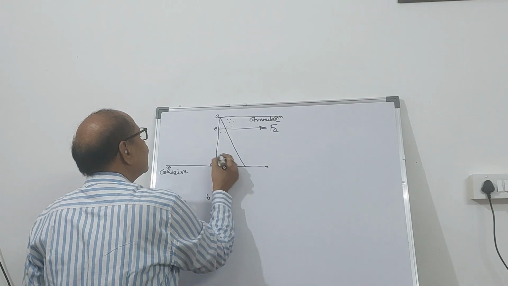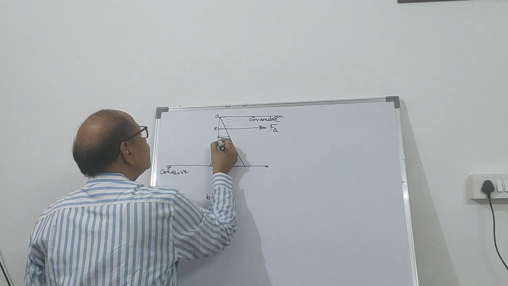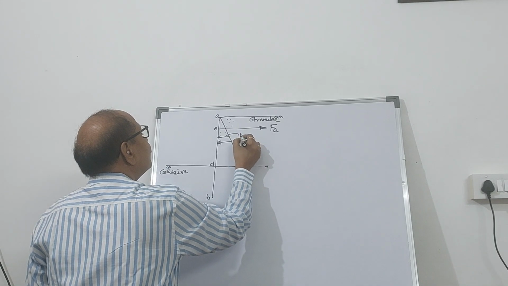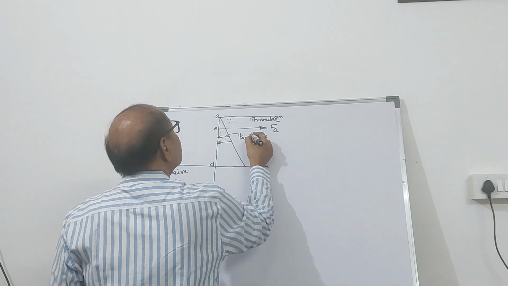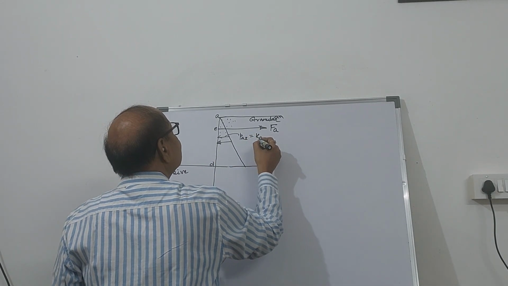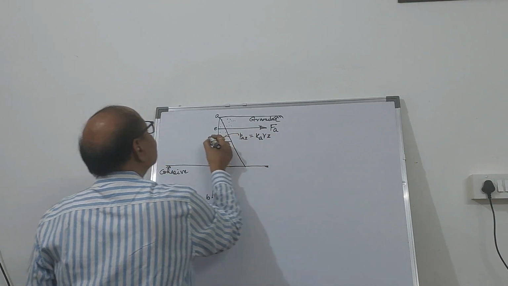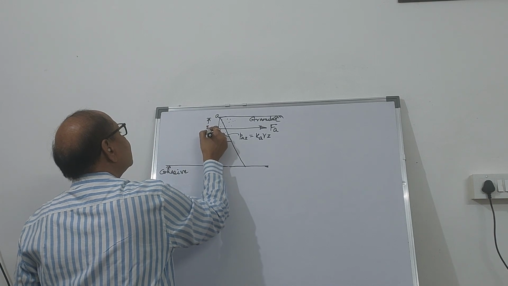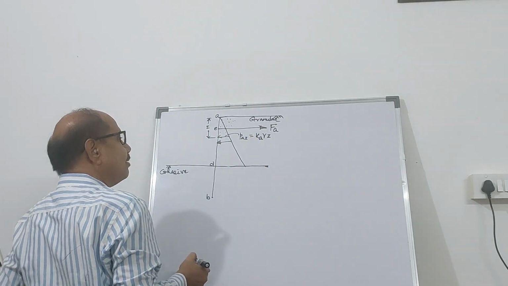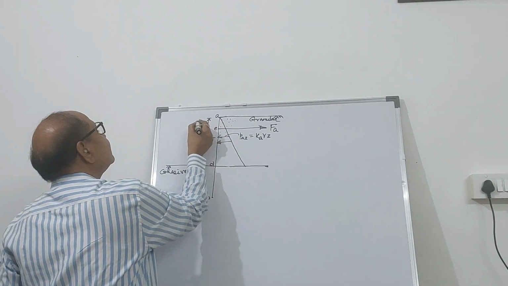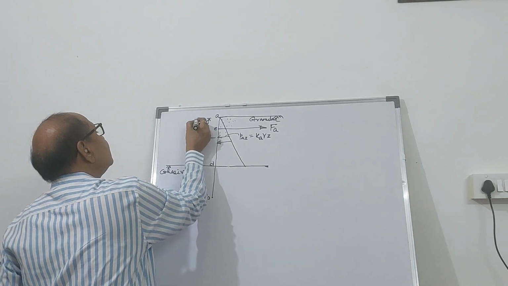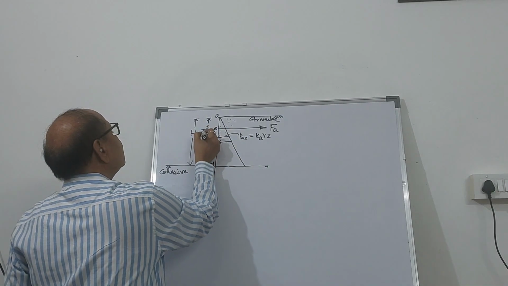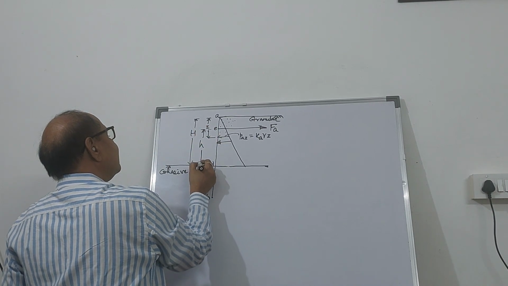So the active earth pressure at any depth Z will be given by the coefficient of active earth pressure into gamma into Z. Say this distance is Z. Naturally, K gamma Z. When Z equals H, the total height of the sheet pile is capital H, and the distance from the anchor rod up to the dredge line is a small h.